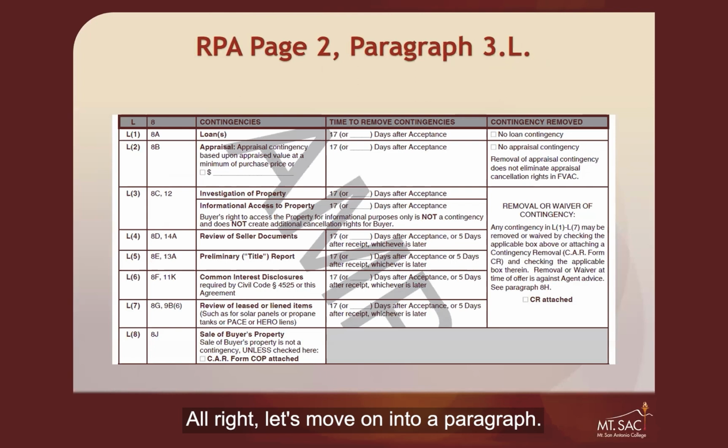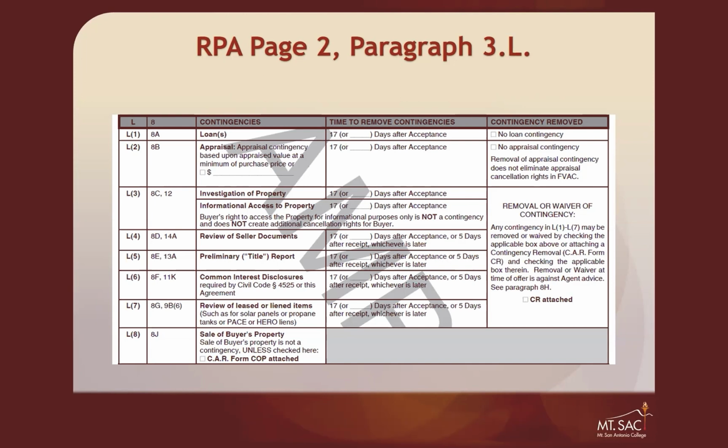Let's move on. Into paragraph L, dealing with contingencies. Now, this is probably one of my favorite parts of the new contract. They've got all the contingencies in one spot. The first two contingencies, loan and appraisal, you'll notice time to remove those is 17 days.